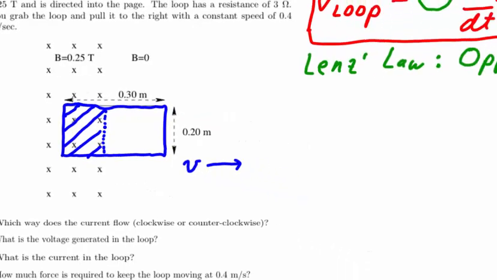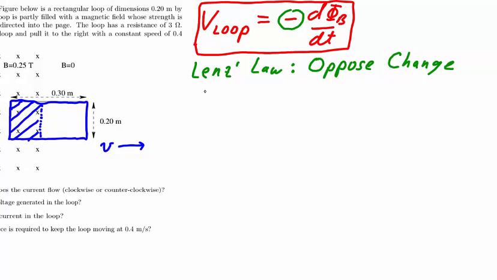Therefore, we effectively have a change which can be summarized as less flux into the screen. If we have less flux into the screen, we ask ourselves what positive action the loop could take in order to oppose this change.